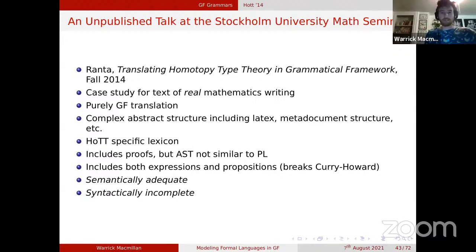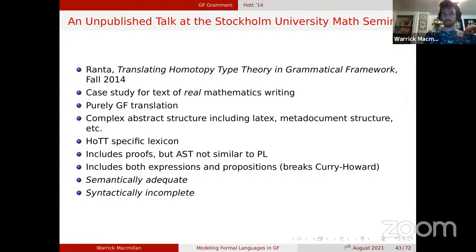So this next grammar is from 2014 by Arne at the Stockholm University mathematics seminar, called Translating Homotopy Type Theory and Grammatical Framework. He took a real piece of mathematics text, and it served as a case study for how you implement a grammar that produces this text verbatim.